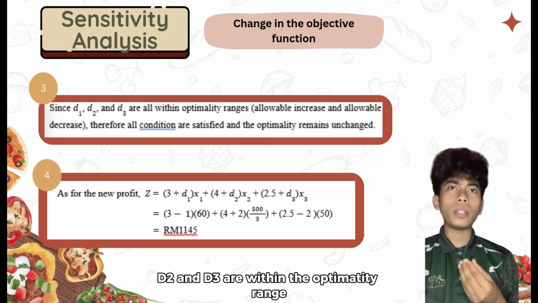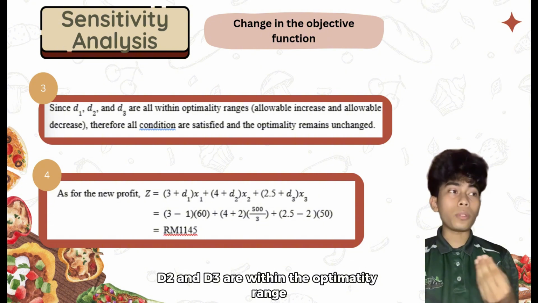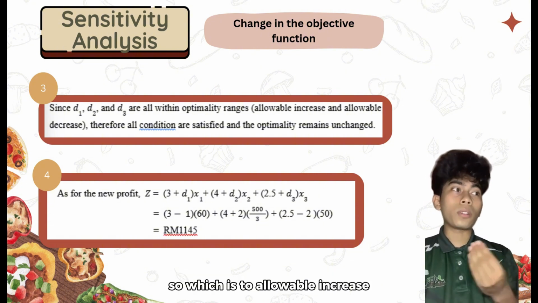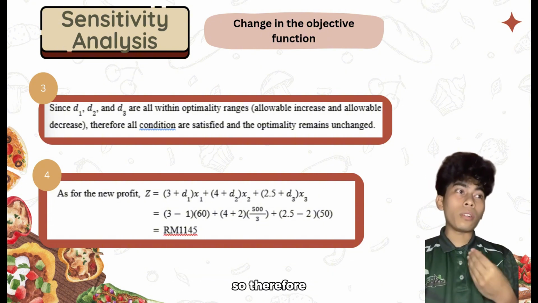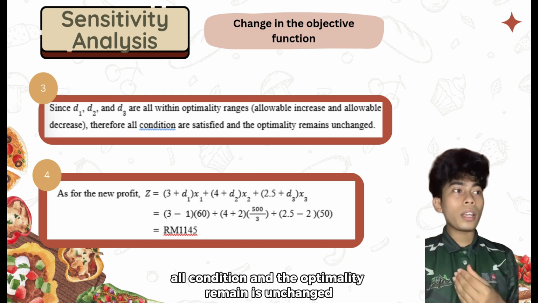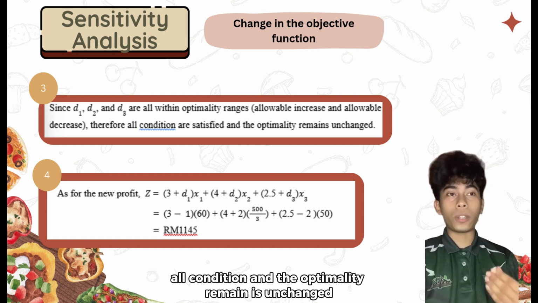Since all D1, D2 and D3 are within the allowable increase and decrease range, all conditions are satisfied and the optimality is unchanged.